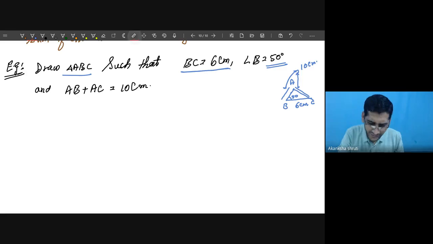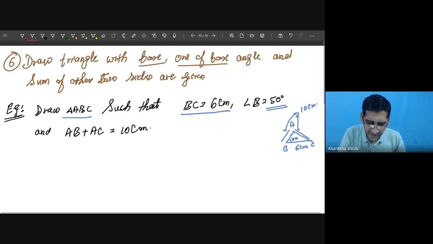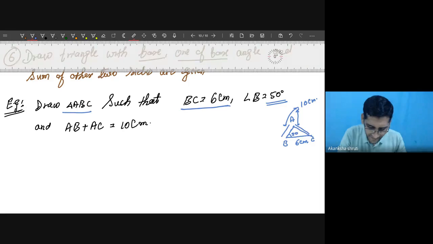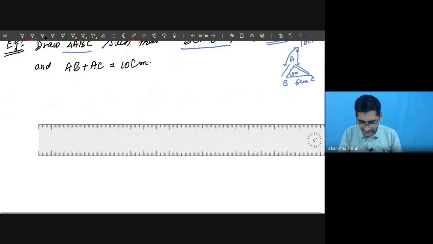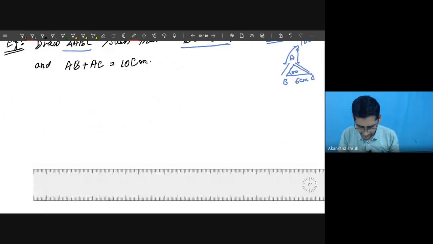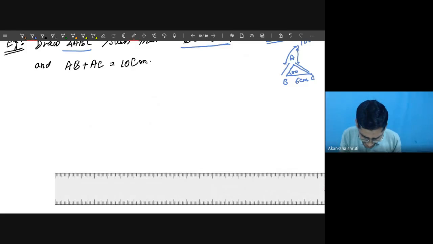Okay, student, I am taking this ruler. Yes, take the 6 centimeter. 1, 2, 3, 4, 5, 6. This is our 6 centimeter.